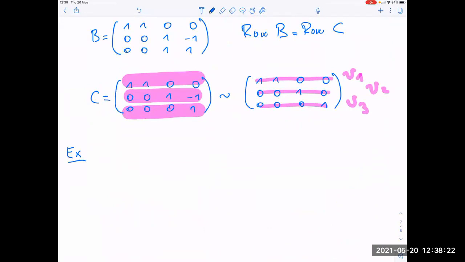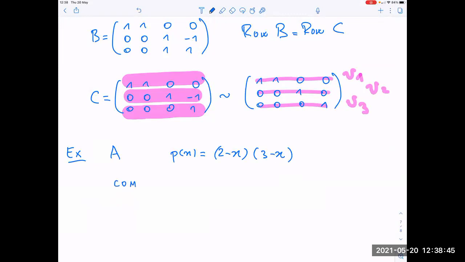Okay, let's see now a slightly different kind of exercise. Here it is. Let's say that A has characteristic polynomial 2 minus x times 3 minus x. Then we consider the following questions.